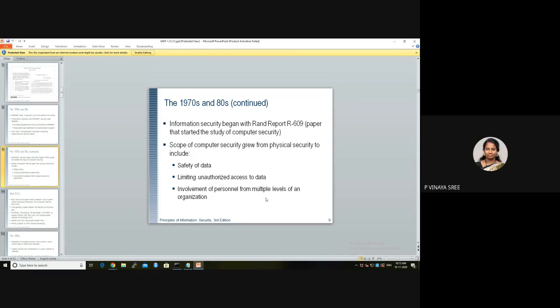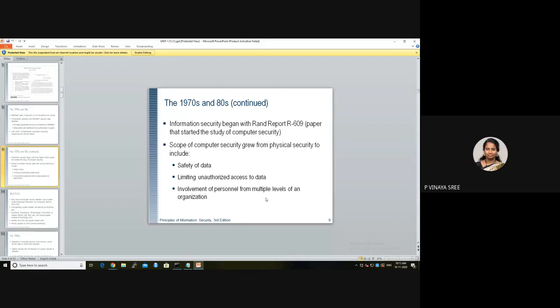What kind of security? It consists of different policies and mechanisms to provide security. These are the security measures and security mechanisms, and this is the way you provide security so that threats are reduced.